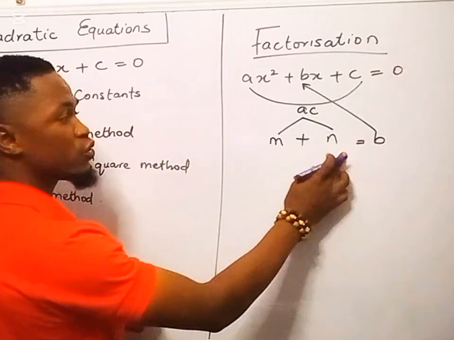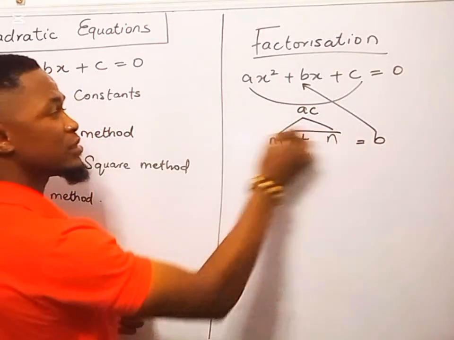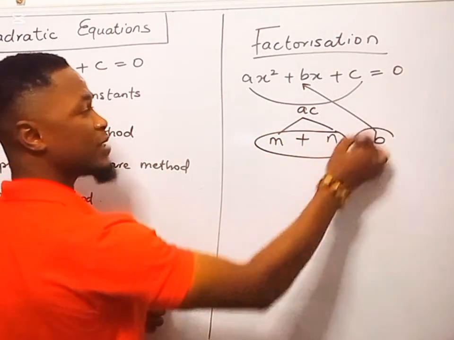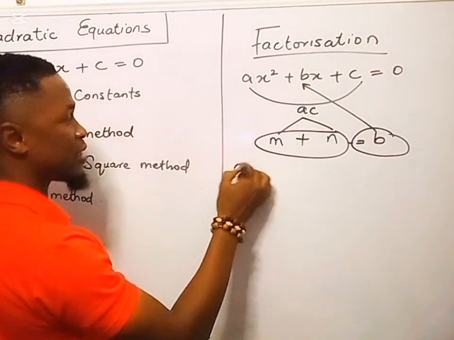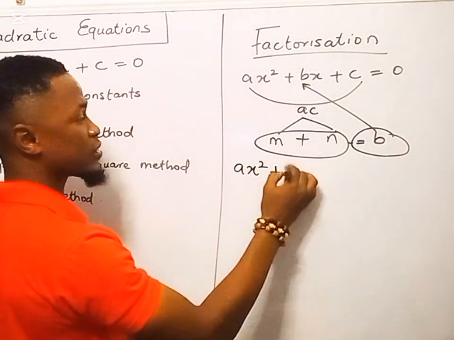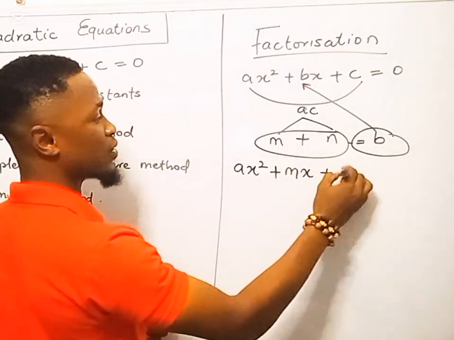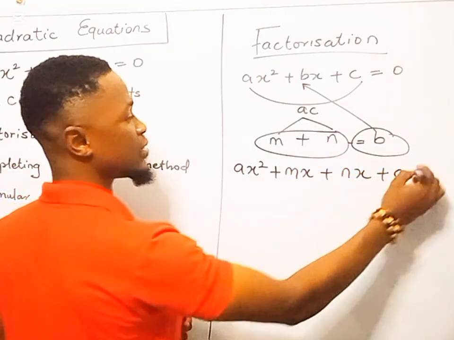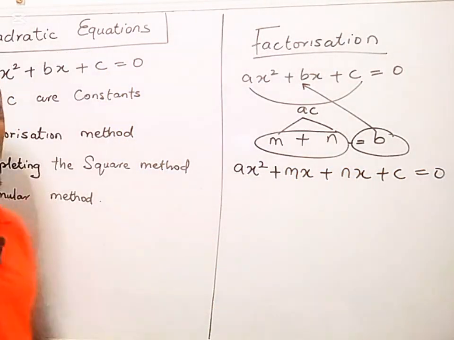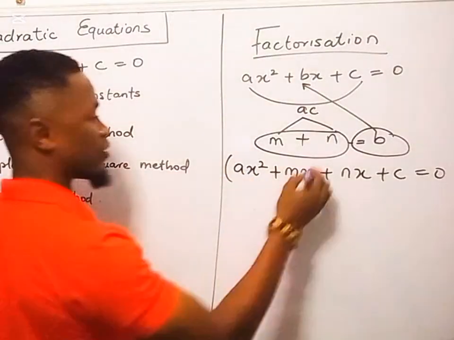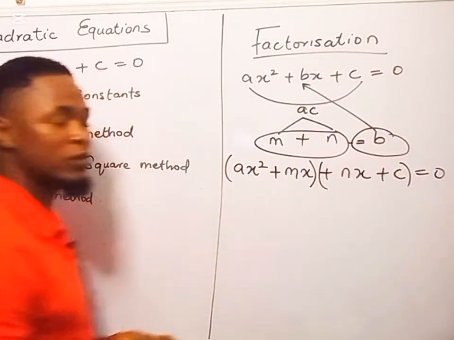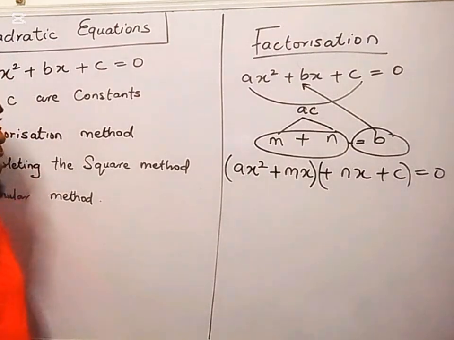When you get those 2 factors, you just replace b with them. So what you have is ax squared plus mx plus nx plus c equals 0. The next thing you need to do is factorize these, and you will definitely get your answer.